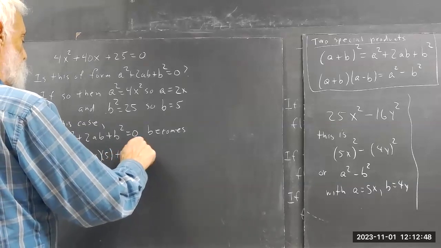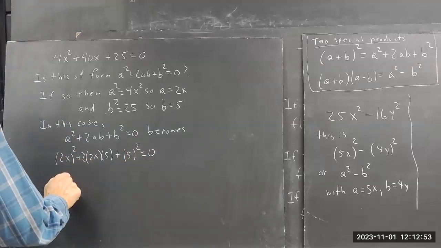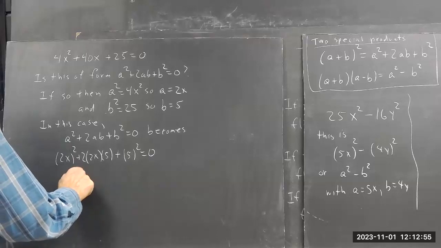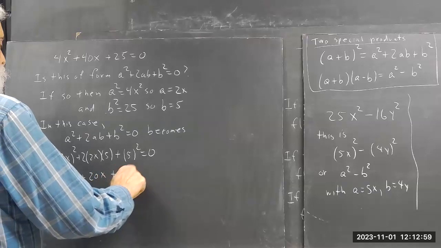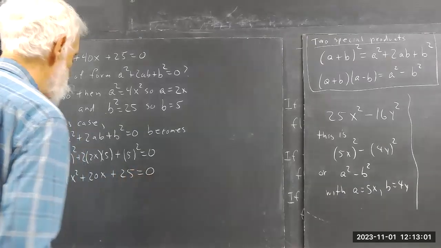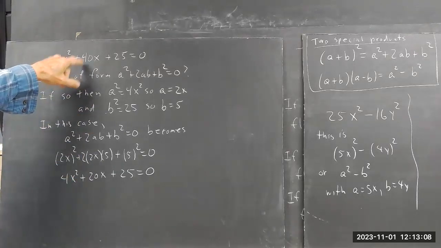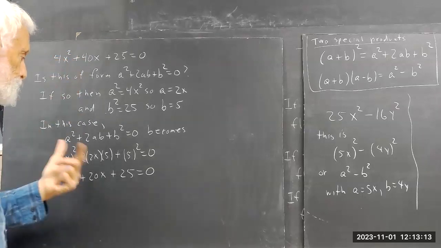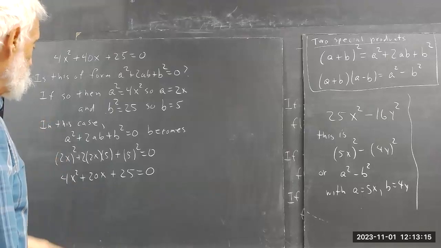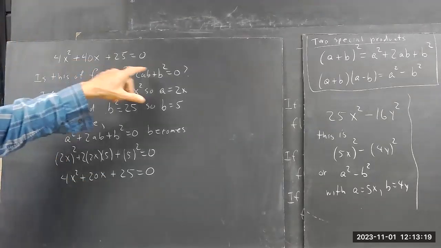Plus 5 squared equals 0. And I get 4x squared plus 20x plus 25 equals 0. Okay, well, this doesn't match this. I hit something in my head and multiplied by 2 twice and kind of messed it up, but that's okay because this illustrates that not every equation is going to be of this form.